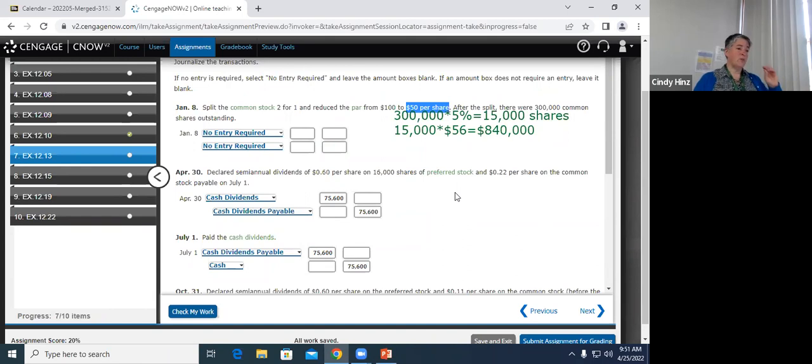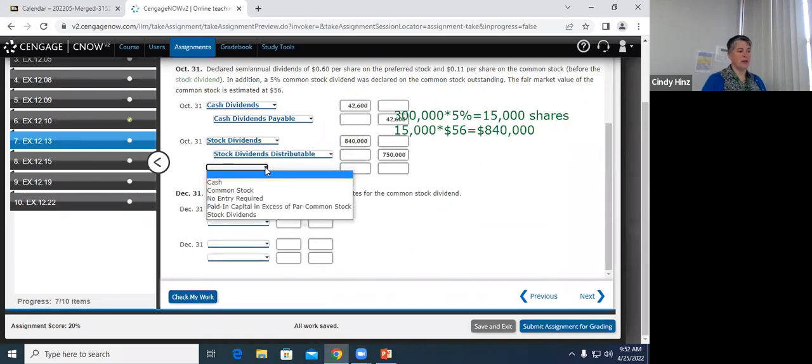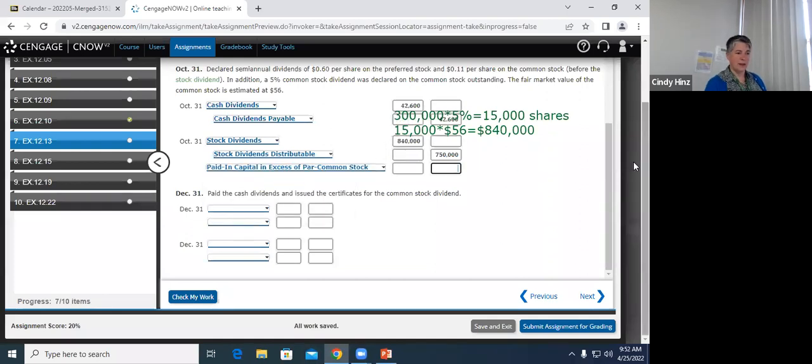So on January 8th, when we split the stock, the par value went to $50 per share. And so $50 per share times the 15,000 shares that we're going to issue would be $750,000. And the rest, I apologize that I've got that green writing in the middle there, the other $90,000 is paid in capital in excess of par.